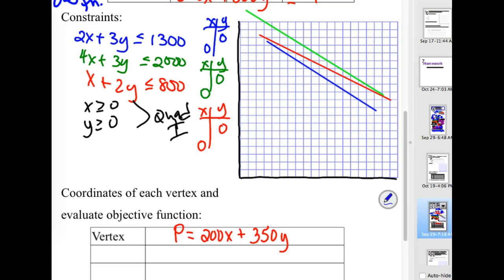All right, what did we get for blue? Okay. All right, green? All right, and then red.